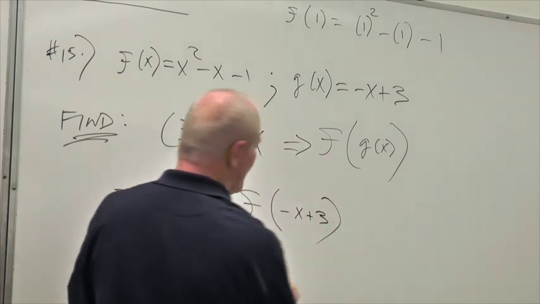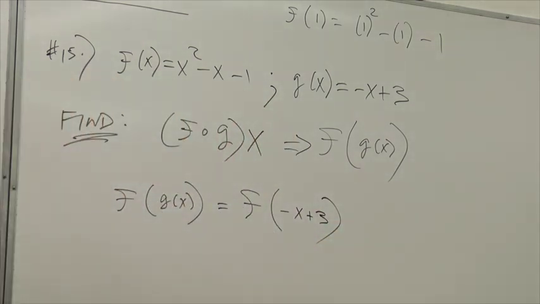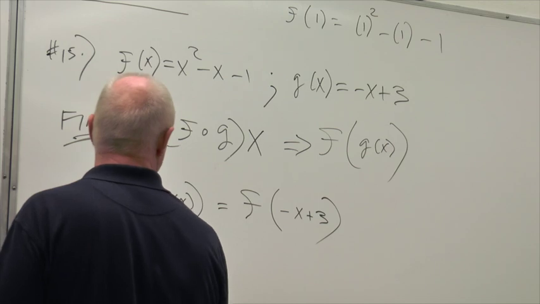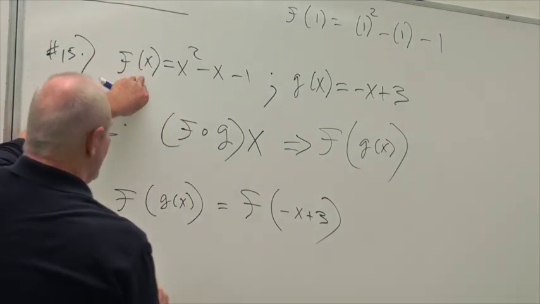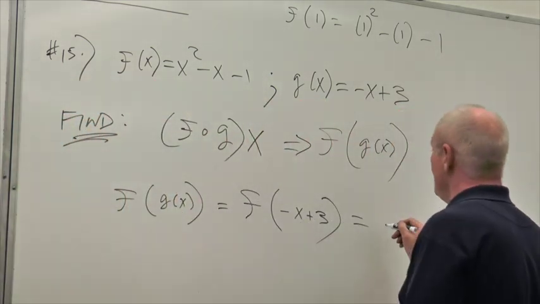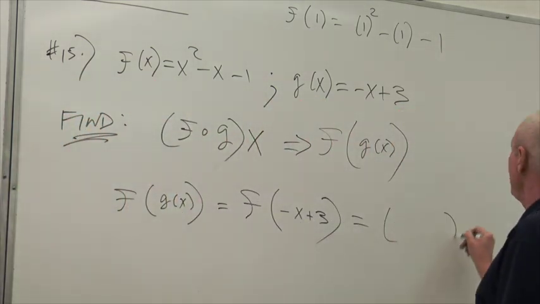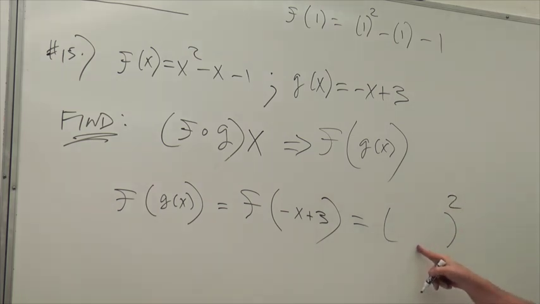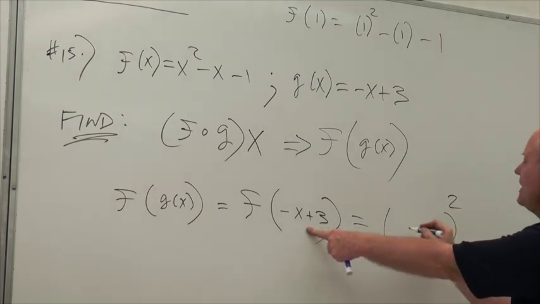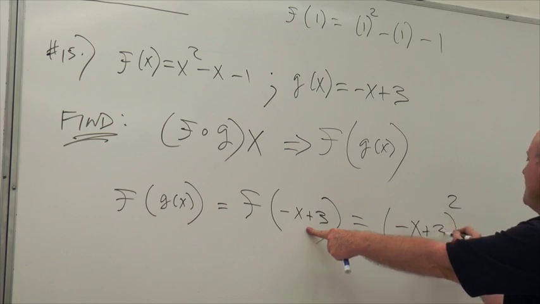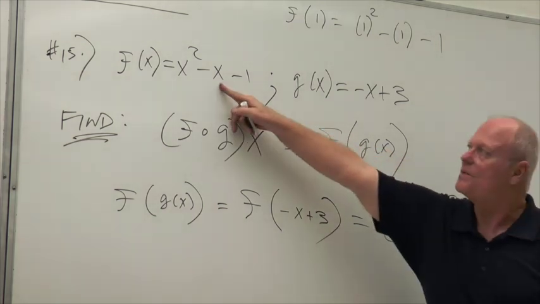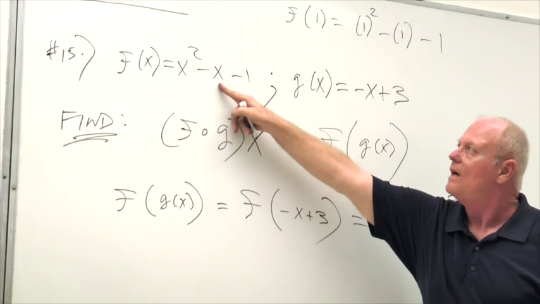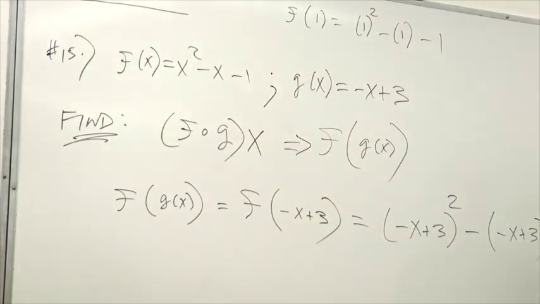Negative x plus 3, aren't we? And where's f of x? Here's f of x, right? I see an x squared, so I'm going to leave space so I can put the entire g of x function in here. Make sense? Minus, parentheses, negative x plus 3, right? That's just plain old x by itself, right? Minus 1. Now 1's a constant on the end, right?